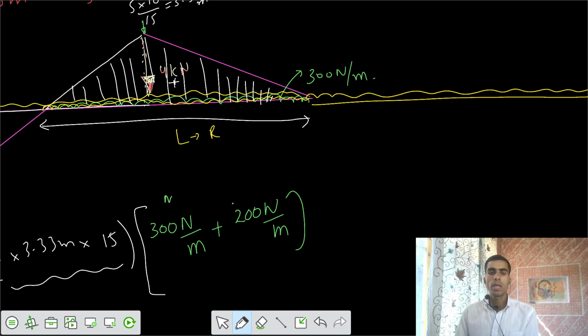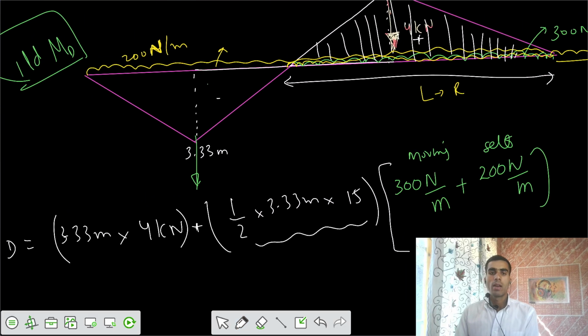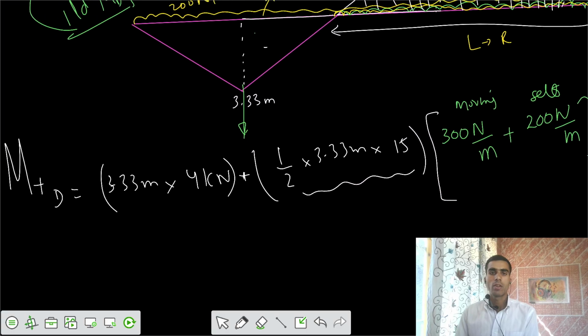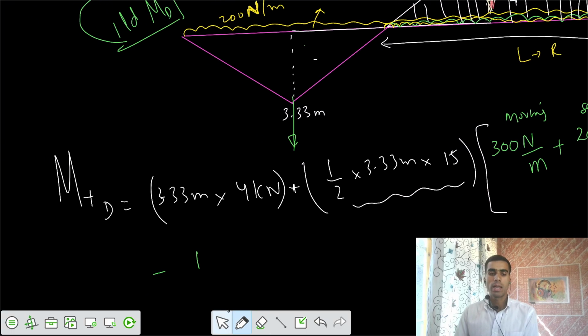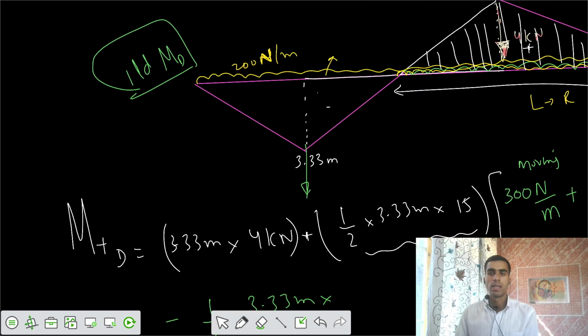This is your moving load, and this is your self weight. Then this was your positive value of moment, and we have one more effect, that is negative moment. So I can write that also: minus 1 by 2, area of that diagram, 1 by 2 into the ordinate of 3.33 meter into length of 10 meter between A and C, 10 meter.